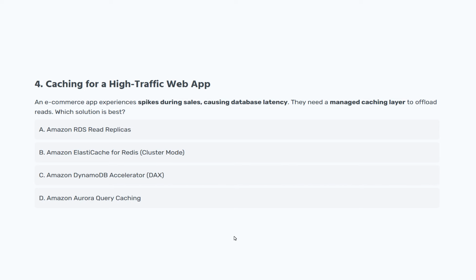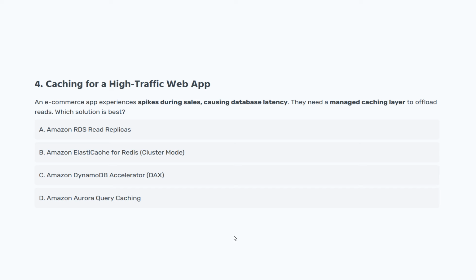So let's talk about the next question, caching for high-traffic web applications. We're thinking about what sort of cache comes up, right? How do you speed up applications using a cache? You've got data in memory, so fast access. An e-commerce application experiences spikes during sales, causing database latency. They need a managed caching layer to offload the reads.